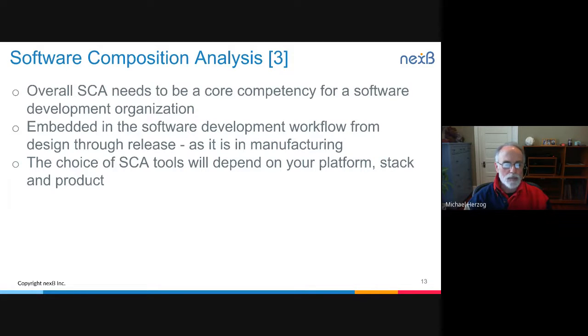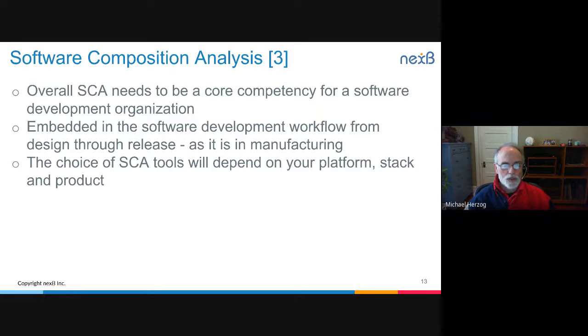So you really need to build it into your software development workflow. We're not going to explain specifically how to do that today, but it really needs to start at the design level when you choose components, needs to go through every step of your development process, and clearly it has to be completed at the time you release the software. So it's not a core competency for a lot of organizations today, but it's going to need to become one.